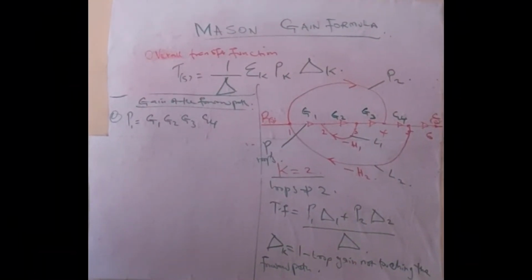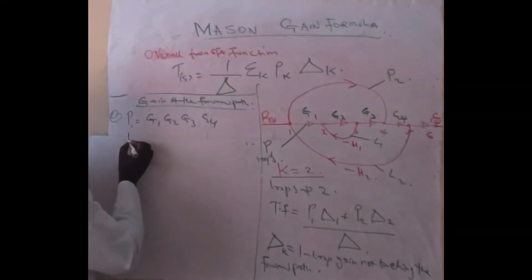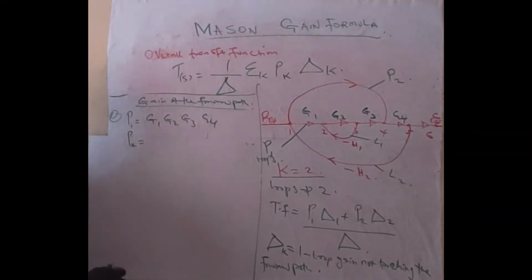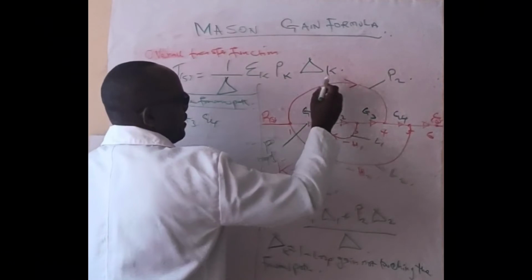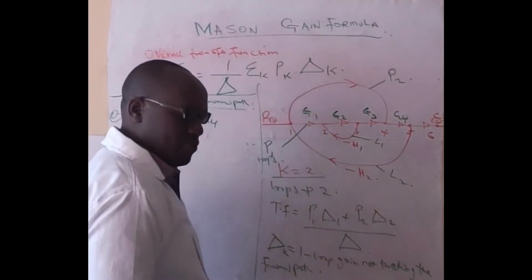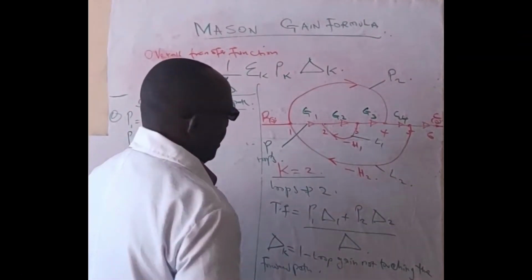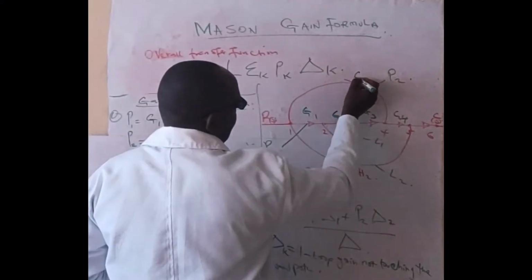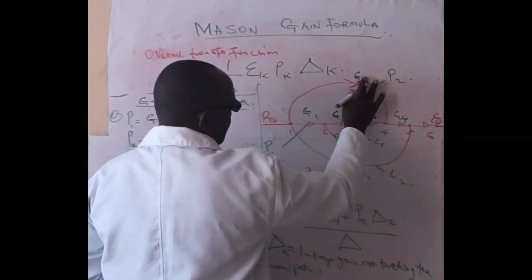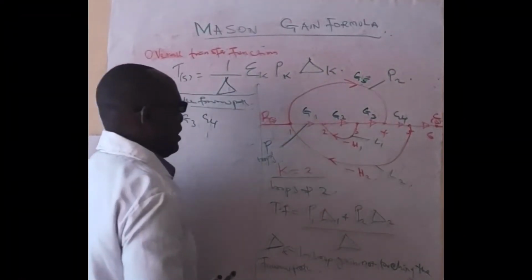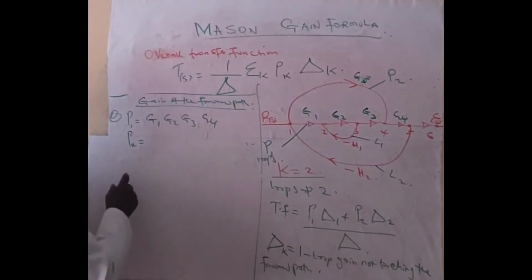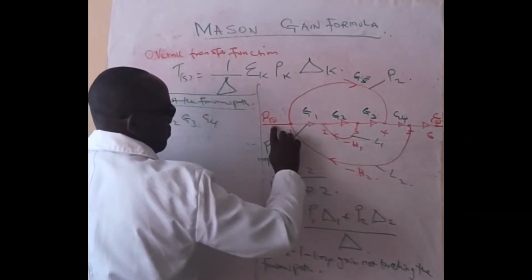Then secondly, you go to the second forward path, which is this one. We can take the gain to be G5. How will we determine it? We follow it like this.